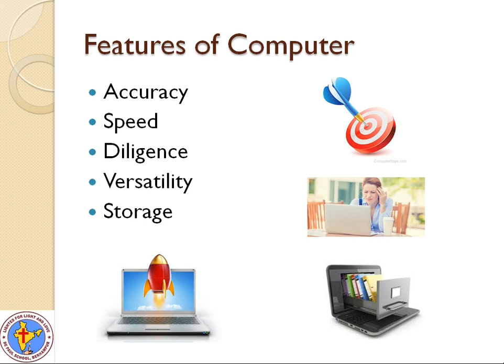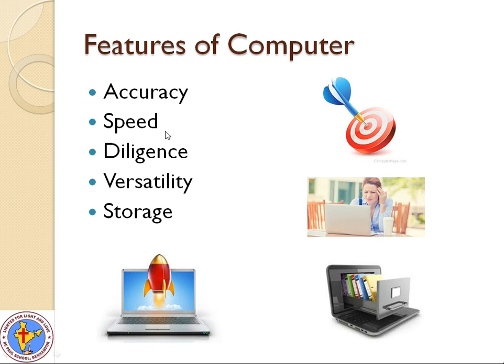Children, in our day-to-day life, we use many machines, but computer is considered as the most popular machine due to its certain features or characteristics. The features are accuracy, means it gives 100% correct result.